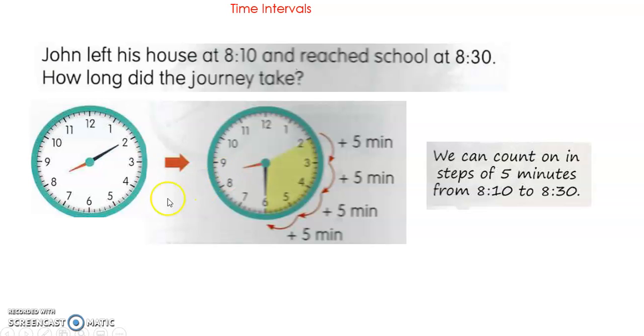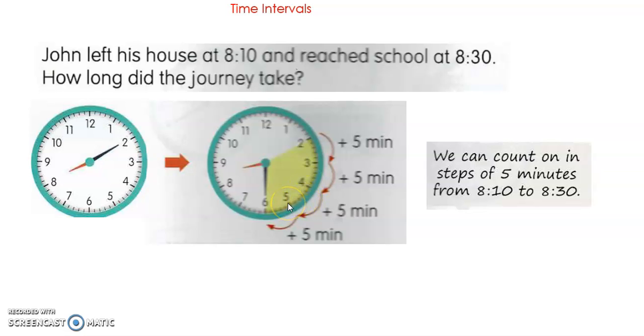So we are starting from the 2, because the time of leaving home was 8:10. Counting in steps of 5 minutes, from here to here is 5 minutes, so it becomes 8:15. Then 5 minutes more, when the minute hand reaches the number 4, becomes 8:20.